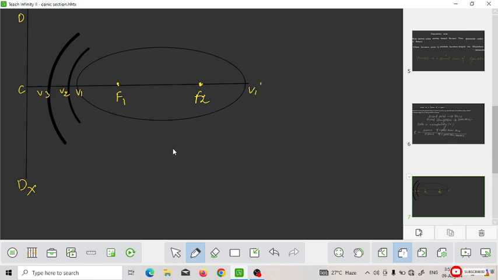So the eccentricity formula is the distance of a point from the focus divided by the distance of the point from the directrix.